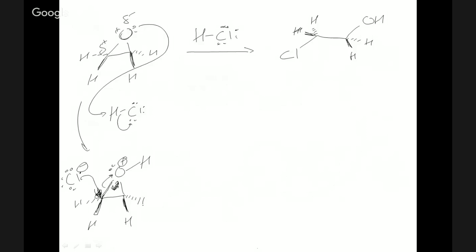Pops it open. There's an H here. Pops it open. SN2. Inversion. Okay, there's always inversion with SN2. So in reality, we could draw it like this. Backside attack. This is our leaving group. And this goes up to product. That's it. Okay. So protonation, SN2 inversion.